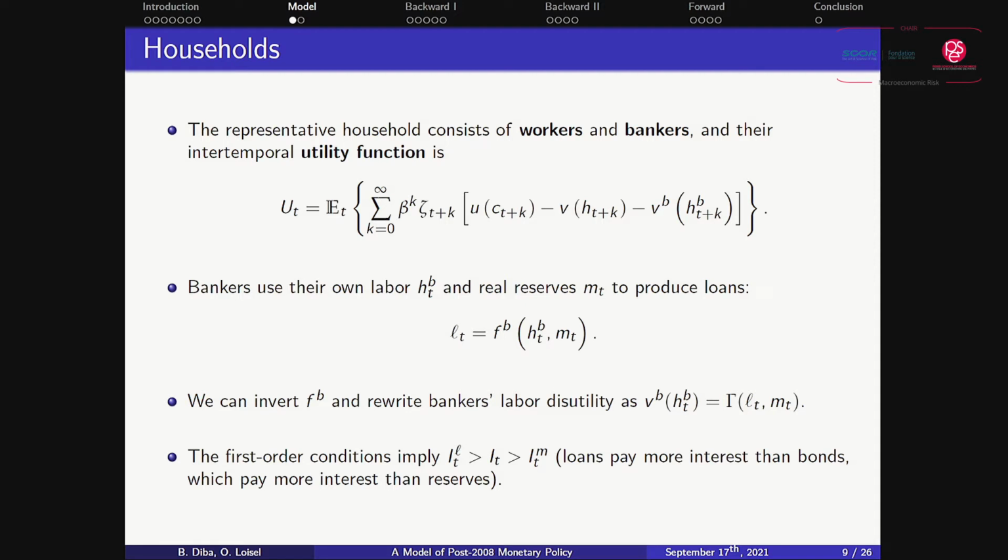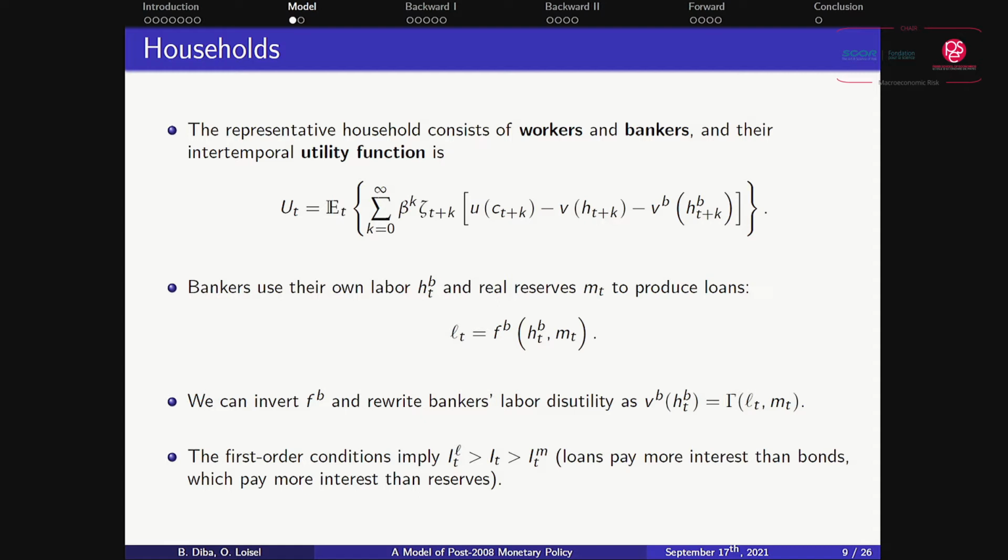And the key assumption that we make is that bankers use their own labor, HBt, and also real reserves, Mt, to produce loans according to this technology here. So FB is an increasing function in the 2 arguments. Obviously, this is a shortcut to try and capture the role of reserves.